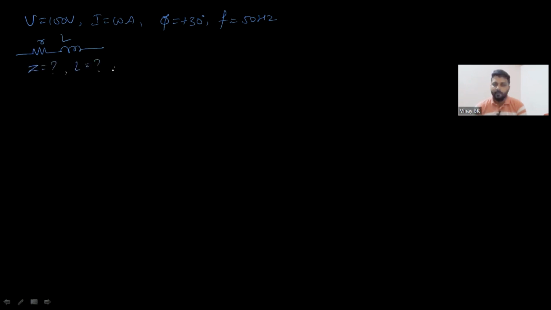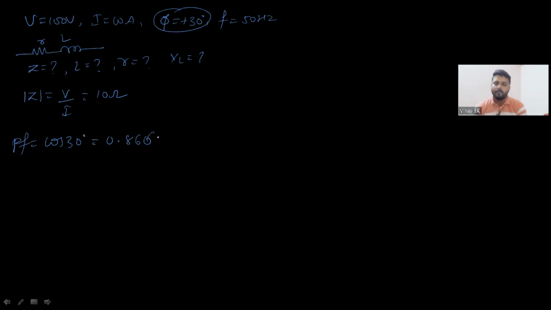To find these, they have given hints. Z you can easily get, Z is V divided by I, so you get 10 ohm. And 30 degrees is given. First you calculate the power factor, cos 30 degrees, which is 0.8660. Once you calculate the power factor, the second point is also finished.